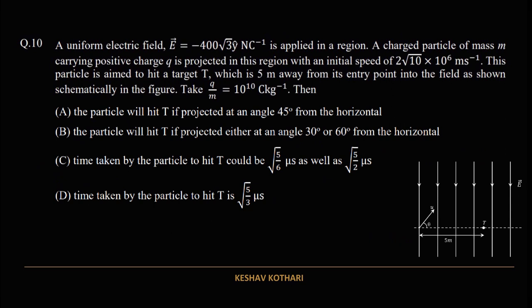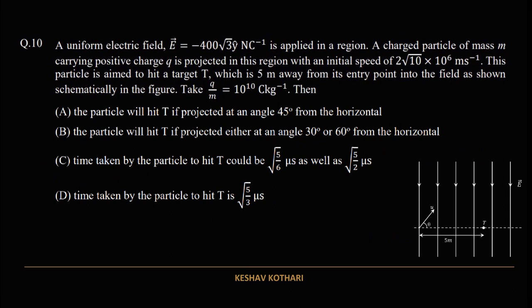This particle is aimed to hit a target T which is 5 meter away from its entry point into the field, as shown symmetrically in the figure. Take q by m as 10 to the power 10 coulomb per kg. We have to determine the angle of projection and the time taken by the particle to hit the target at T.